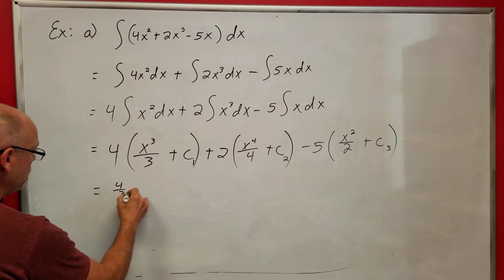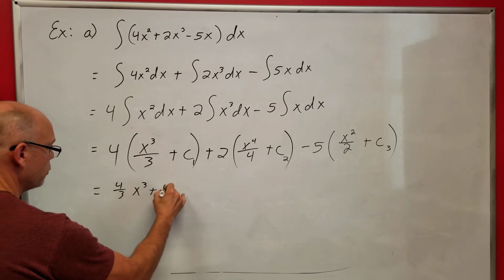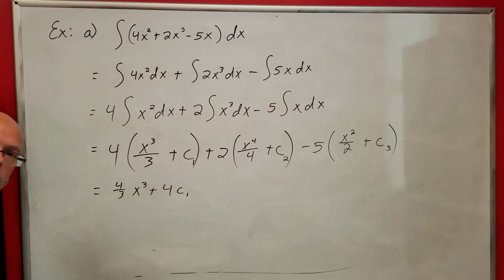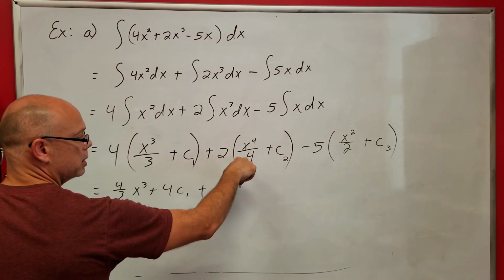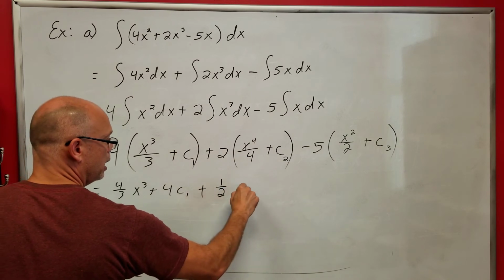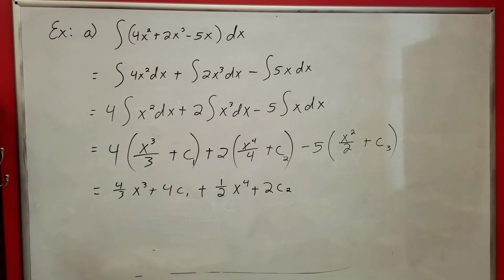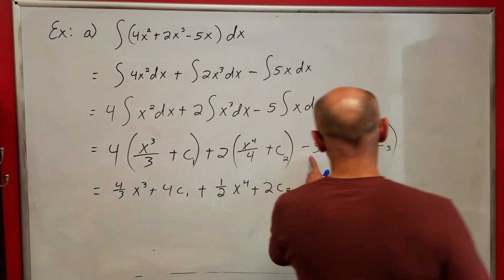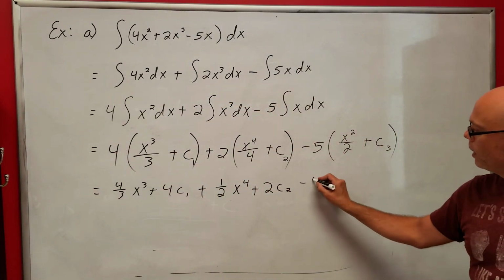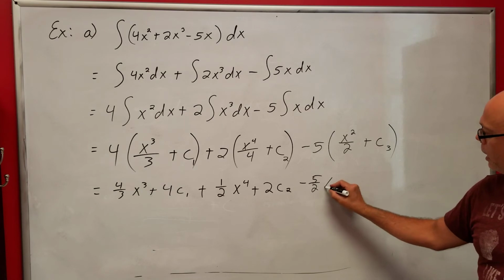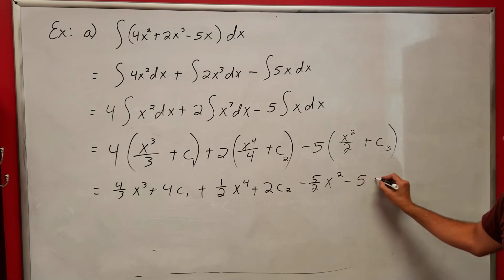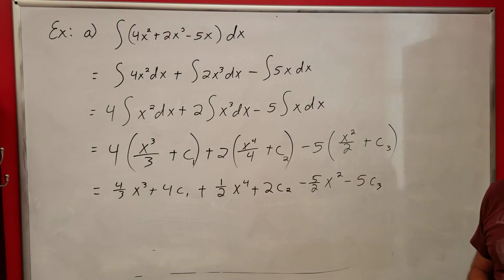So I have 4/3 x cubed plus 4 times c1. Plus, if I multiply 2 by this, I get 1/2 x to the fourth plus 2c2. Then if I distribute -5, I get -5/2 x squared minus 5 times c3, right?